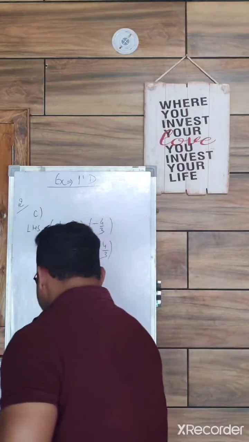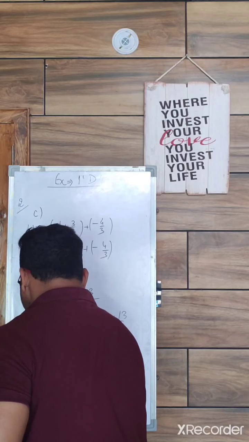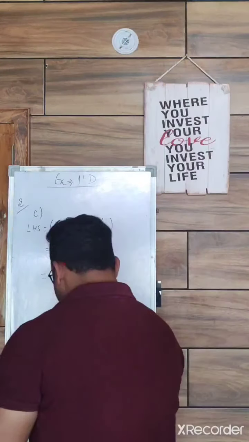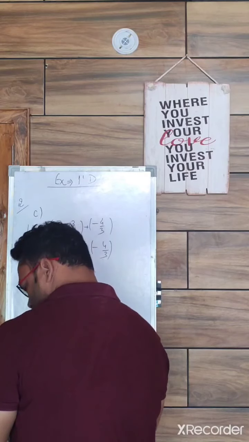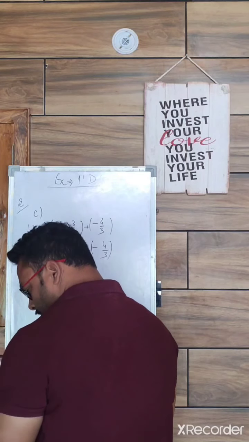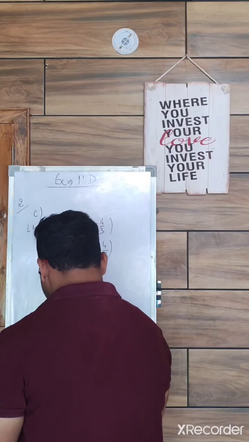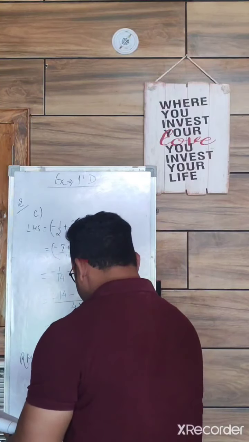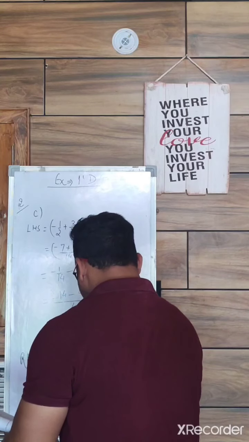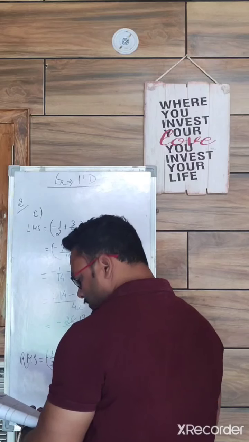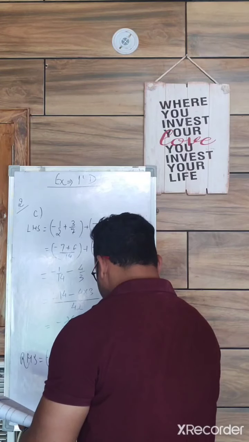Let us take RHS. RHS is equal to minus 1 by 2 plus 3 by 7 plus minus 4 by 3, so minus 4 by 3.